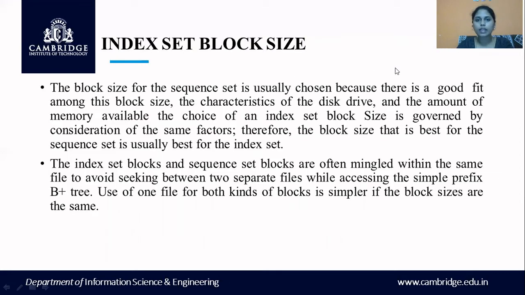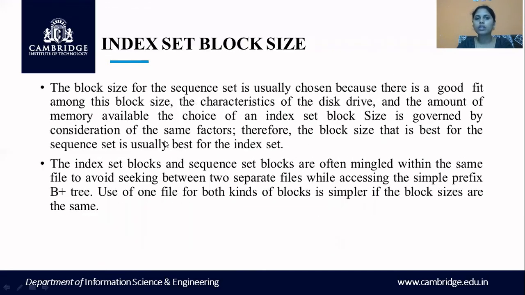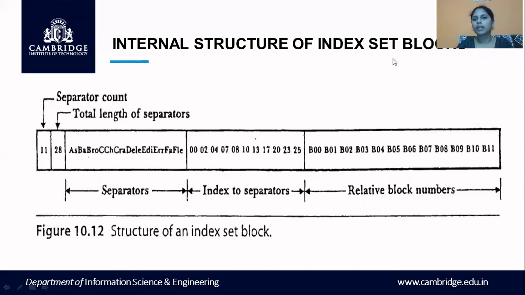What is the index set block? I'll show you again the diagram. This is nothing but an index set. We are going to see in detail what is the internal structure of an index set block. Can you see, this is the structure of an index set block. These are all the separators that are present in your simple prefix B plus tree.